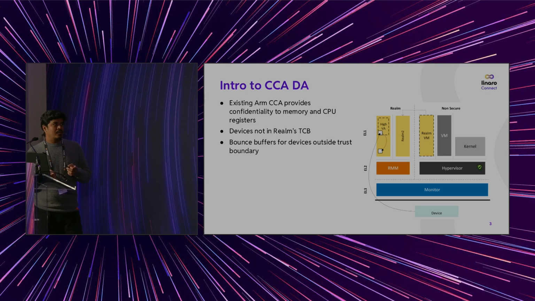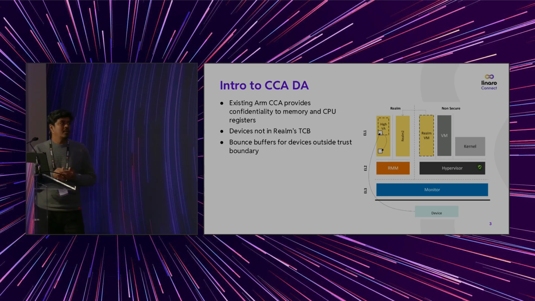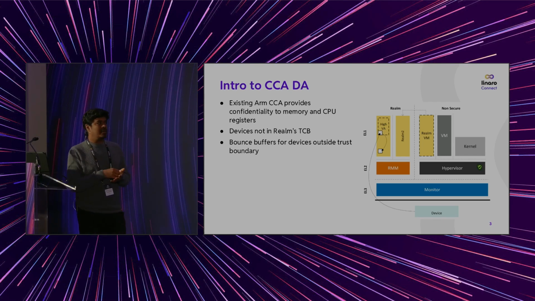This automatically puts the hypervisor inside the TCB of the realm, because the moment the content is DMA'd to the high VA, it is visible to the hypervisor. So to a degree, we need to trust the hypervisor, and when we trust the hypervisor, we end up trusting the cloud service providers as well.